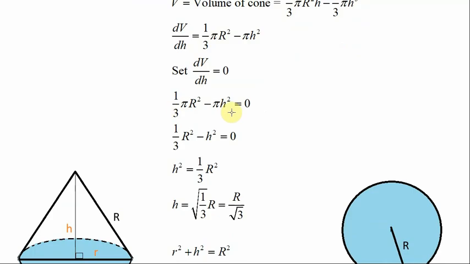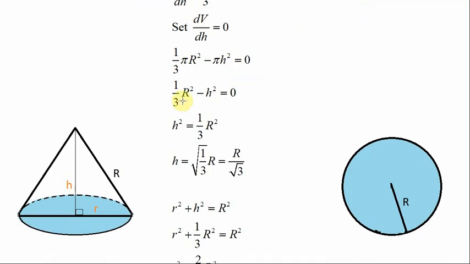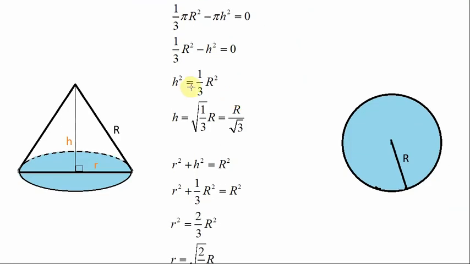Divide everything by pi, then we get 1/3 R squared minus h squared equal to 0. So h squared is 1/3 times the radius of the circle squared, or h is the radius of the circle divided by the square root of 3.